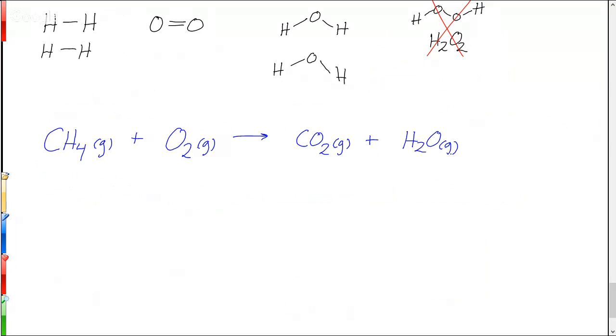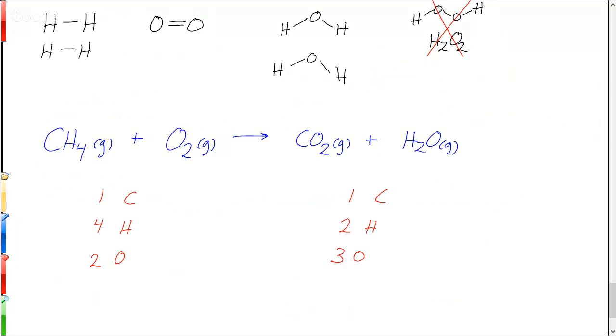A good way to do that is just to put a little list underneath each side so that we can check out what quantities of different atoms we've got. So we could say this side we've got 1 carbon, 4 hydrogens, and 2 oxygens. This side looks like 1 carbon, 2 hydrogens, and 3 oxygens.